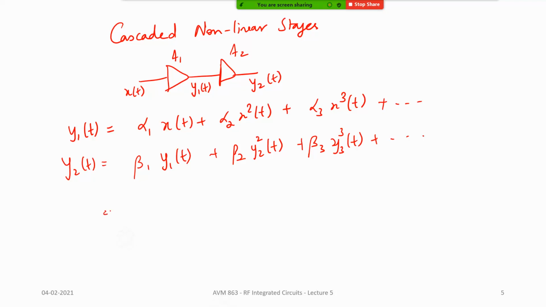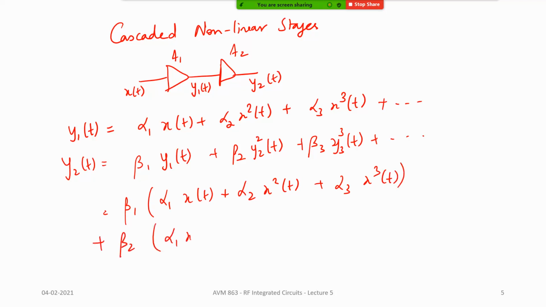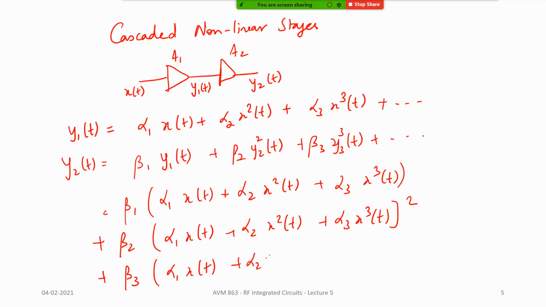So here y2 can be written by expanding this: alpha 1 x of t plus alpha 2 x squared of t plus alpha 3 x cubed of t, plus beta 2 times (alpha 1 x of t plus alpha 2 x squared of t plus alpha 3 x cubed of t) the whole to the power 2, plus beta 3 times (alpha 1 x of t plus alpha 2 x squared of t plus alpha 3 x cubed of t) the whole thing to the power 3.